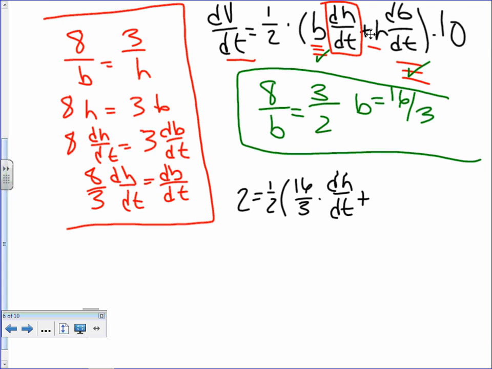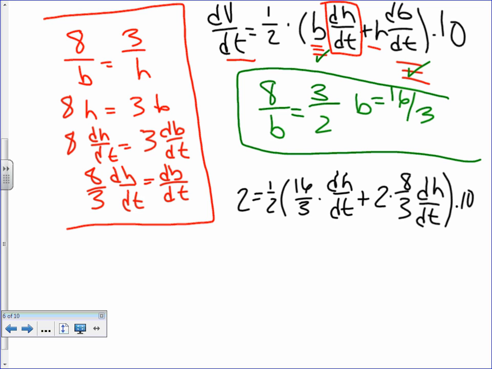H was 2, plus 2 times, now for dB dt, I'm going to use this over here in place of dB dt, so times 8 thirds dH dt, times 10.